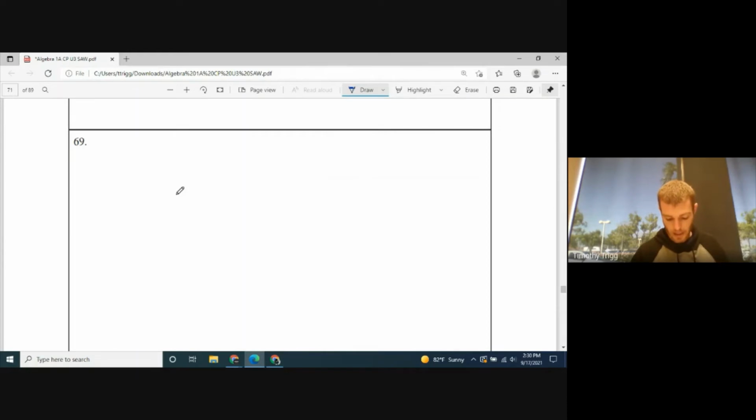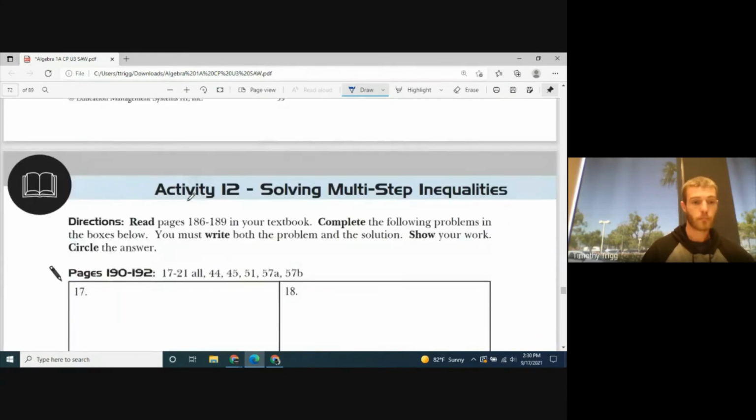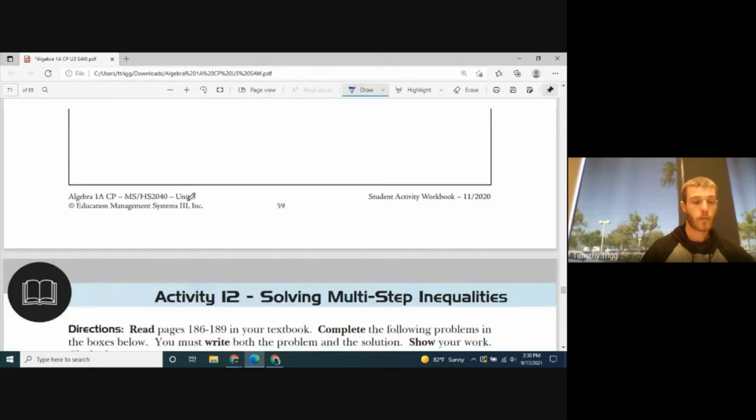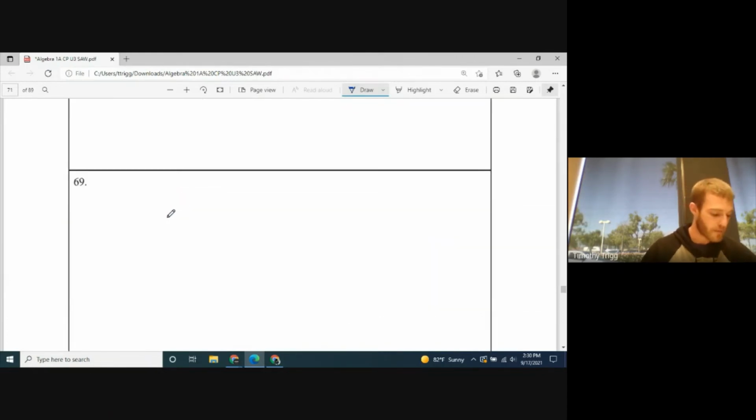And number 69 is going to be on page 176. Okay, 176. This one's another word problem, so please follow along as I read aloud.